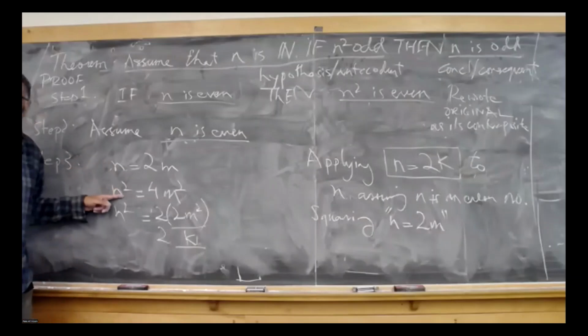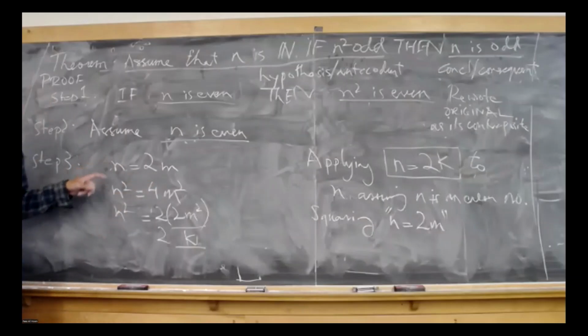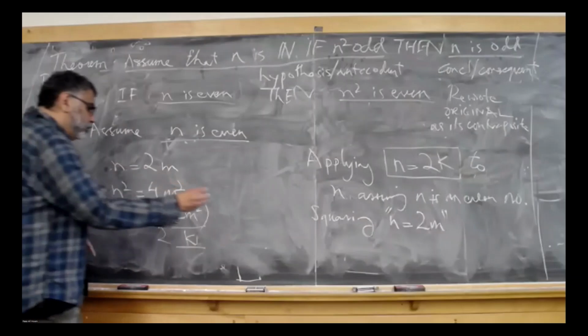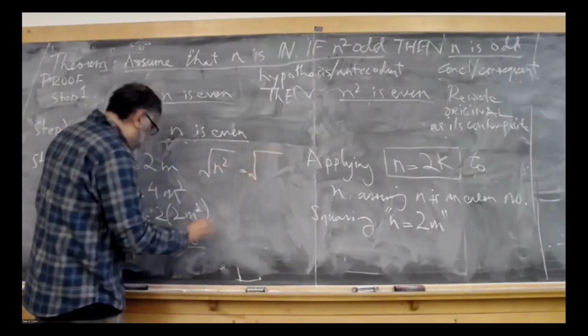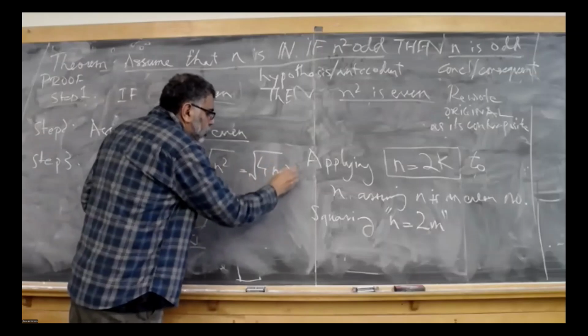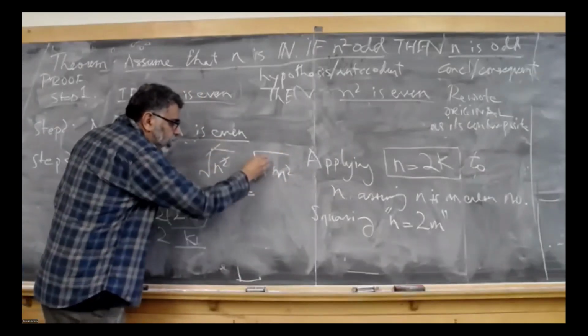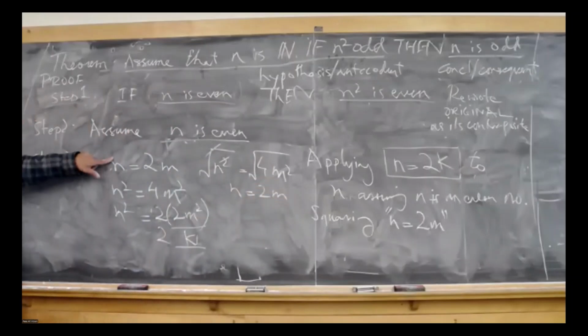Because I can take the square root of this. If I took the square root of both sides, the left-hand side and right-hand side, I'm going to get this. The square root cancels the squares. If I did n squared, square root, there are a bunch of laws here, but this cancels, you get n, and this becomes 2 and this becomes m, which is exactly that.